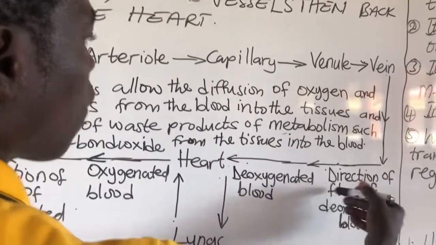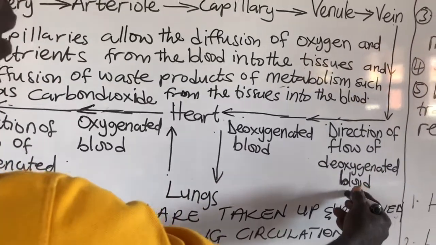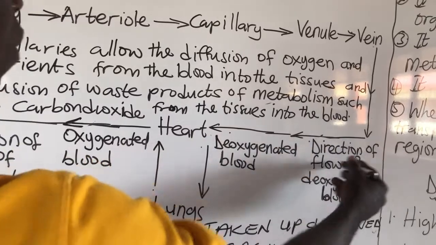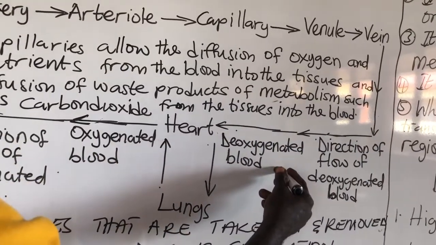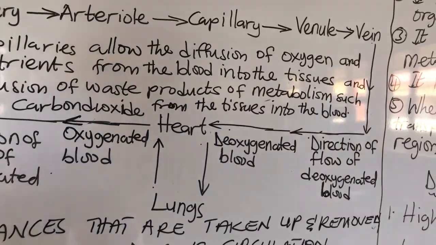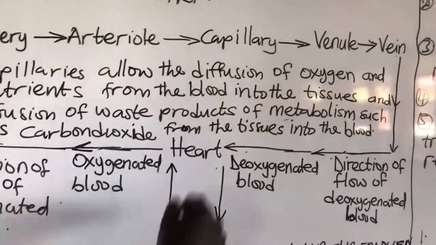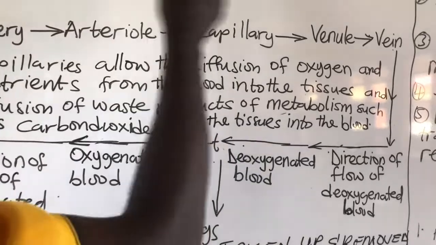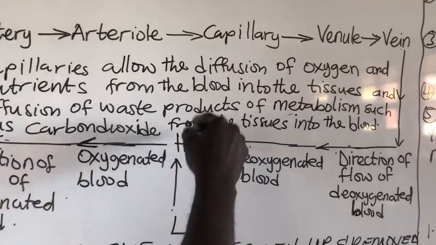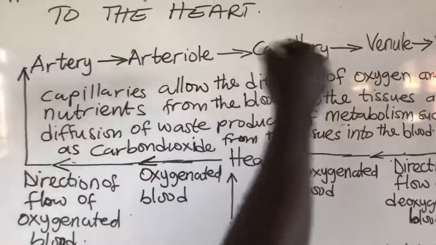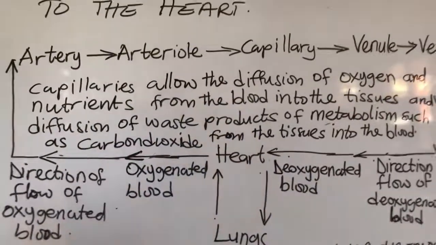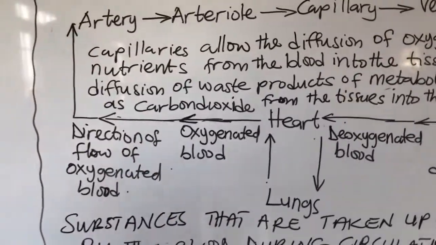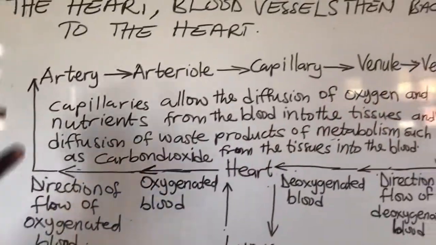And this is the direction of flow of deoxygenated blood, that is blood containing carbon dioxide. So you can see the movement is from the heart and back to the heart once again. So that is the sequence of blood flow through the heart, blood vessels, then back to the heart.